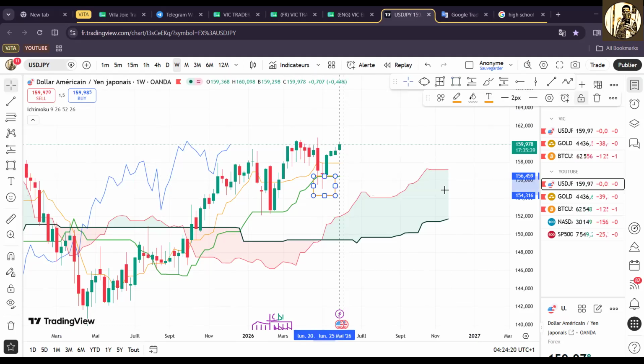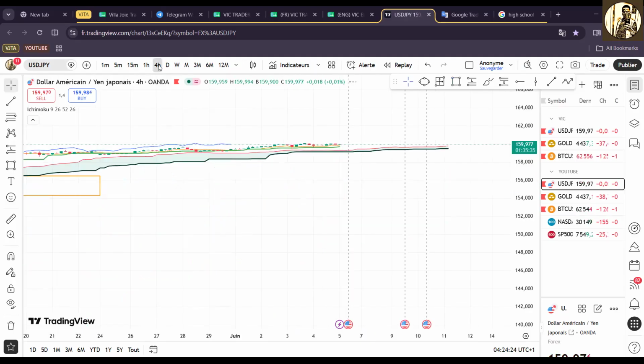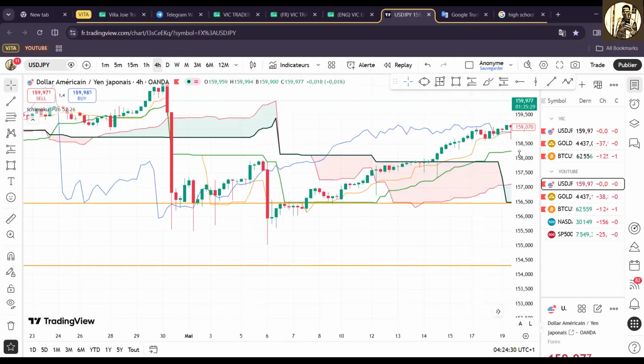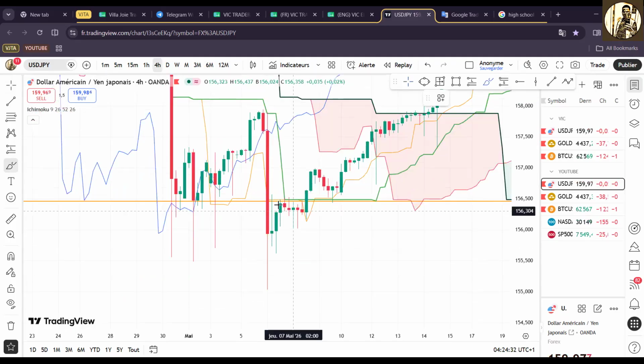This is a weekly zone, right? This Kijun. Then we drop down two time frames below, as we are doing the time frame skipping by two method.